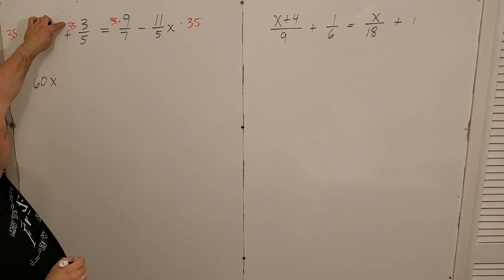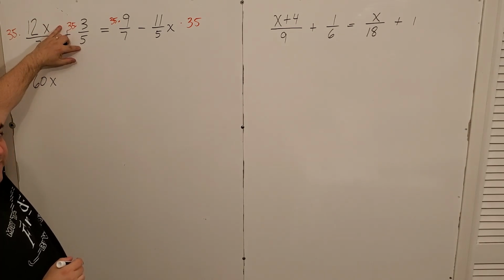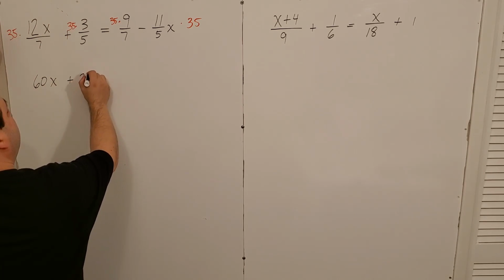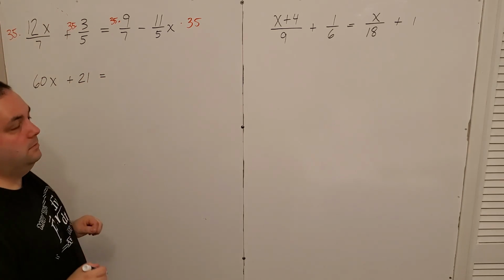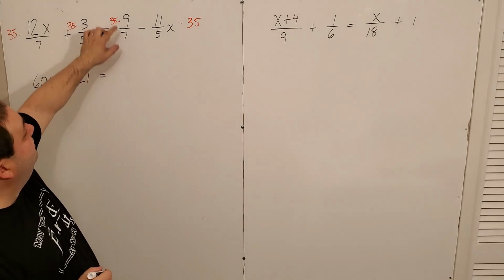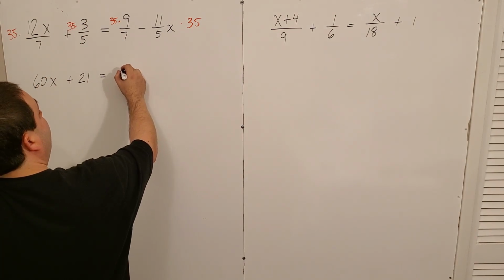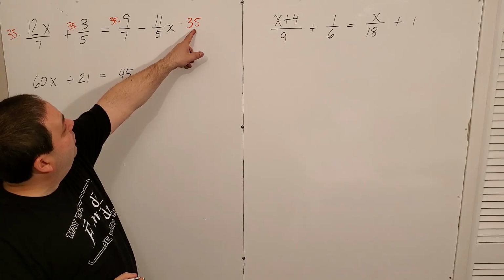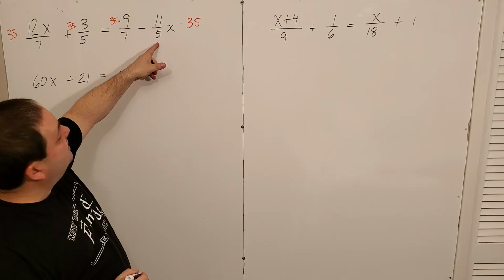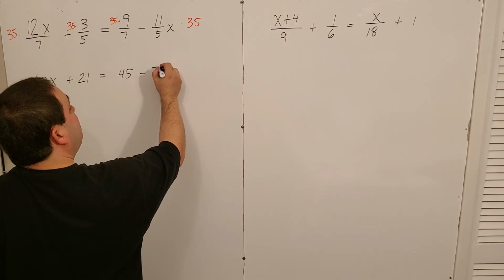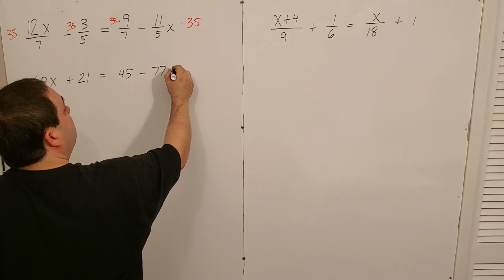Then 35 divided by 5 is 7 times 3 is 21. 35 divided by 7 is 5 times 9 is 45. Minus 35 divided by 5 is 7 times 11 is 77 times x.